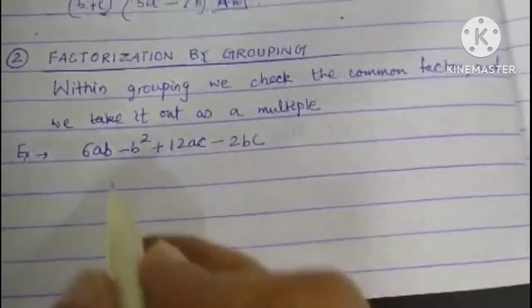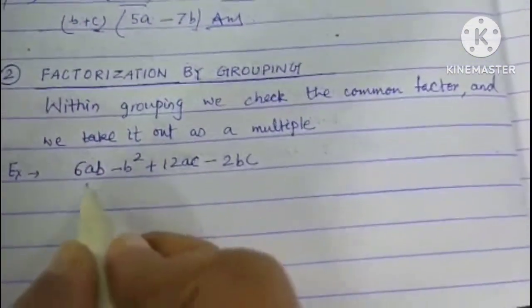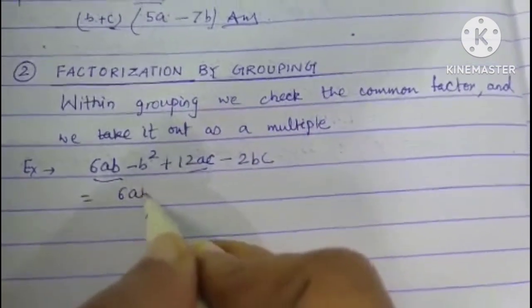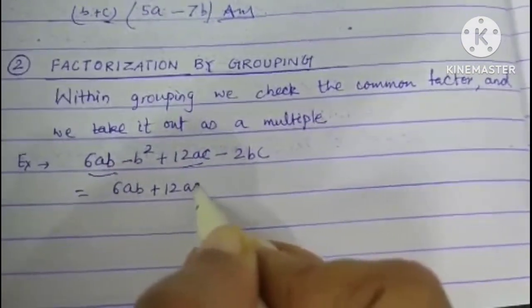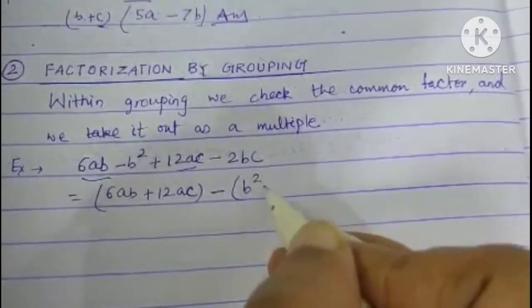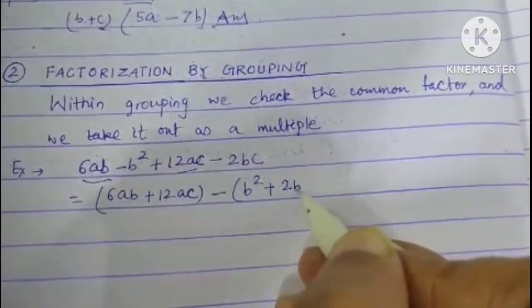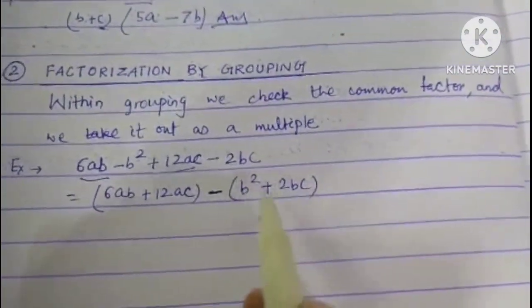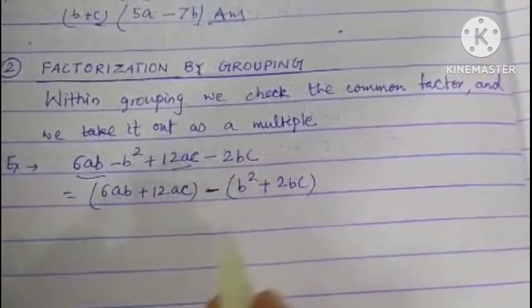Okay, so let us make the grouping. So you write this like this: 6ab plus 12ac, one grouping, and minus (b square plus 2bc) as another grouping. Here we have taken minus as common.